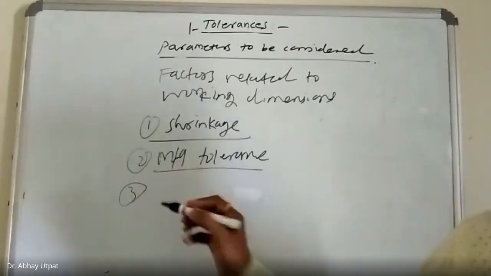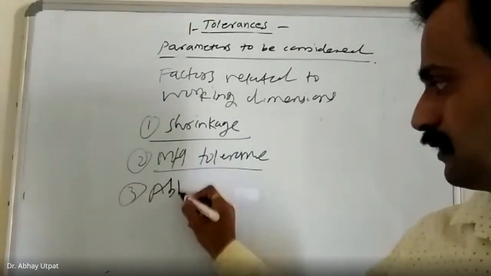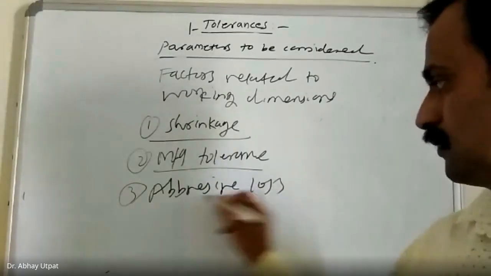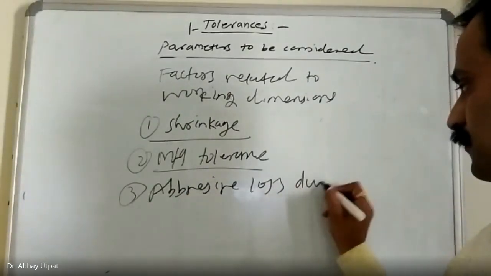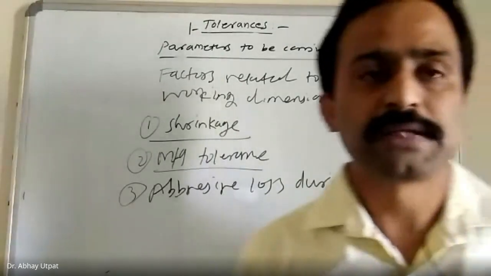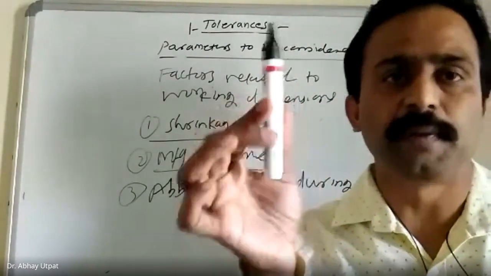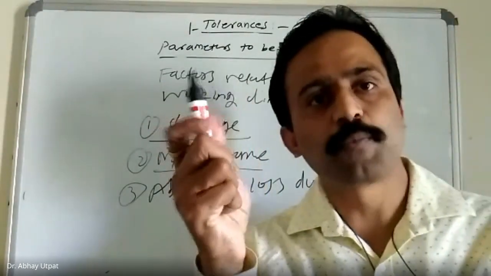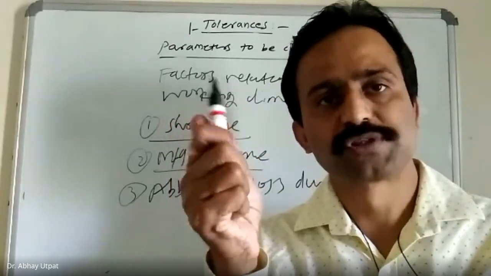Abrasive loss during use. Abrasive loss during use means suppose this is 10 mm and I am using it. Every time I am rubbing it, it may become 9.2 mm after use, after rubbing.